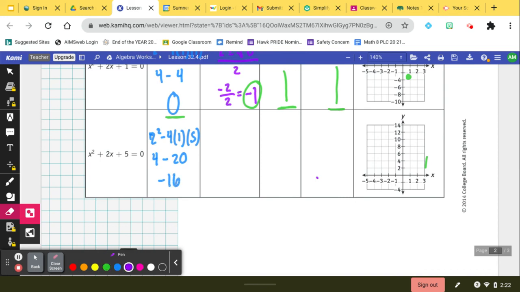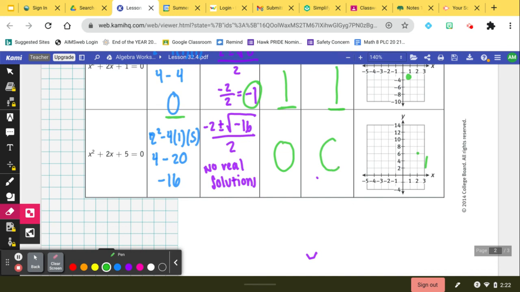So, negative b, so negative 2, plus or minus the square root of our discriminant, which is negative 16, all of that over 2a, which is 2. Well, I can't take the square root of a negative, so there are no real solutions. So that means that the number of real solutions would be 0. It means we have no x-intercepts.